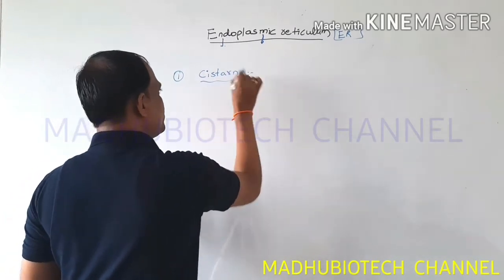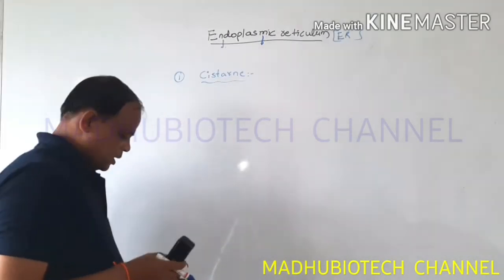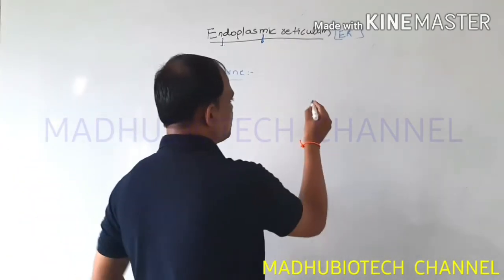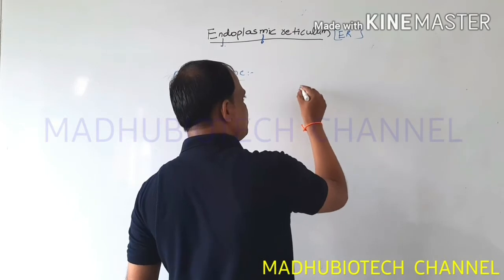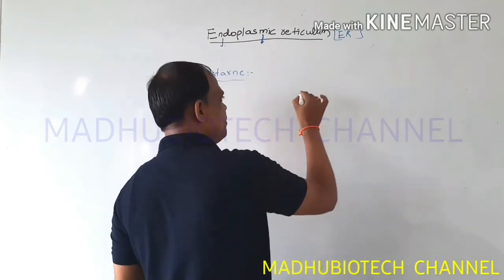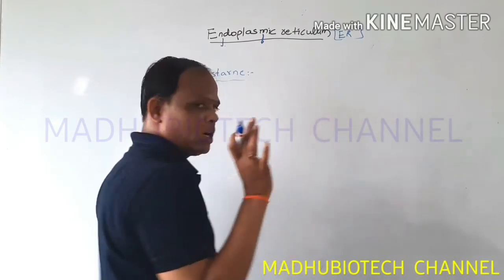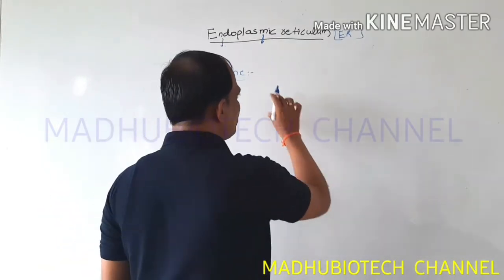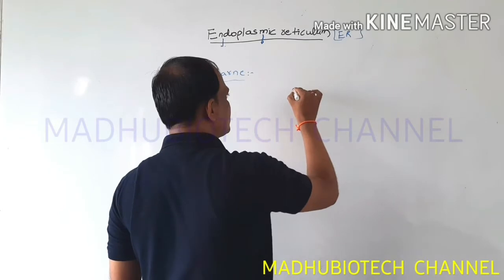The first component is the cisternae. The cisternae are granular and tubular, unbranched structures.